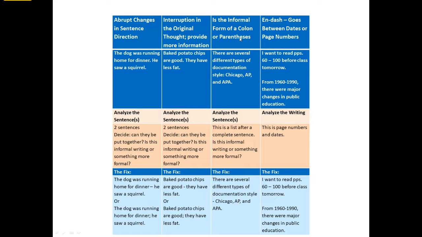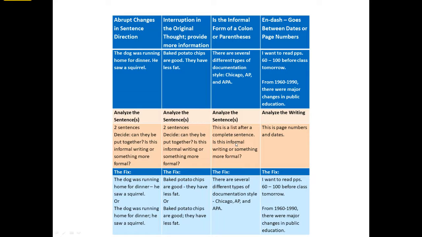Is it going to be an informal way of using the colon or a parenthesis? So let's take a look. The example. There are different types of documentation, semicolon, Chicago, comma, AP, comma, and APA. Analyze the sentence.